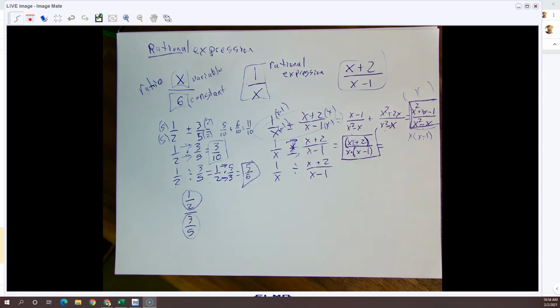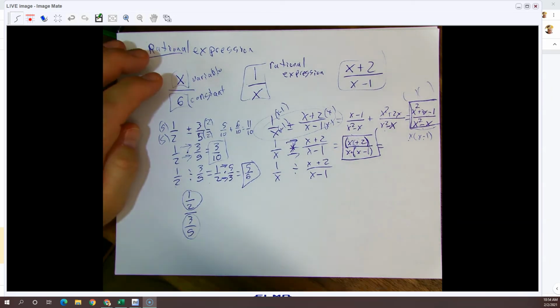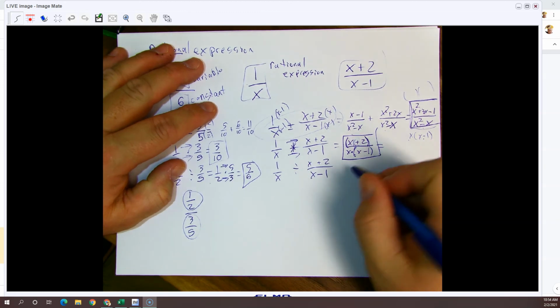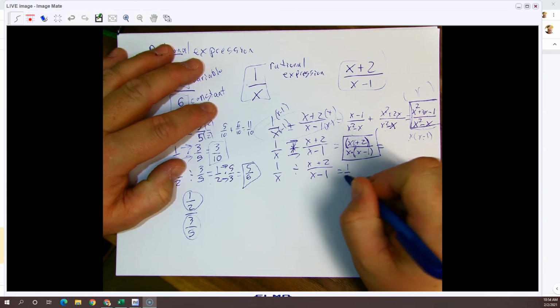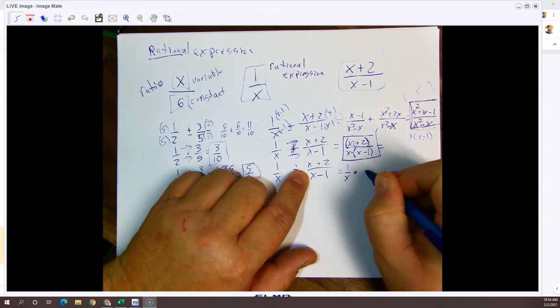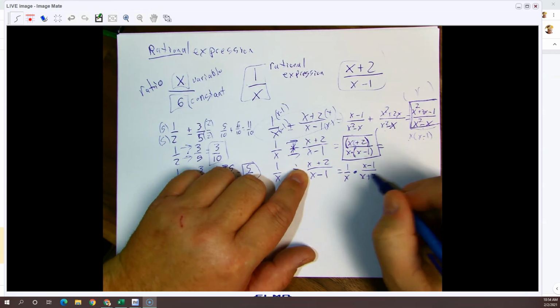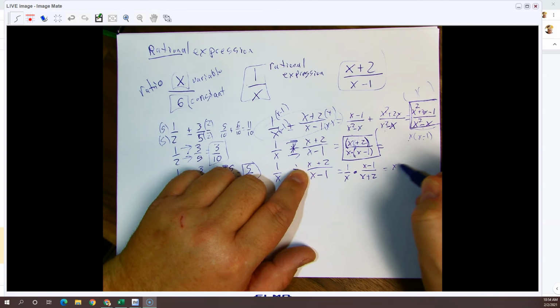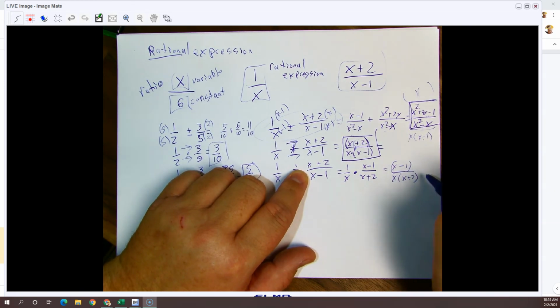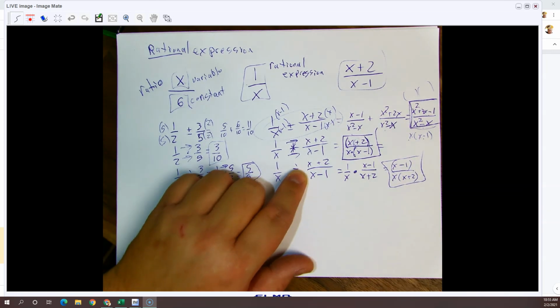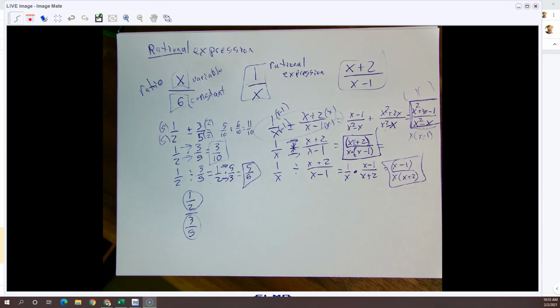Again, I would try to reduce if at all possible. I cannot. So in this case, likewise, 1 over x times, flip it over, x minus 1, x plus 2. So let's multiply across. I get x minus 1 over x times x plus 2. And we would try to reduce if possible. In this case, we cannot reduce.